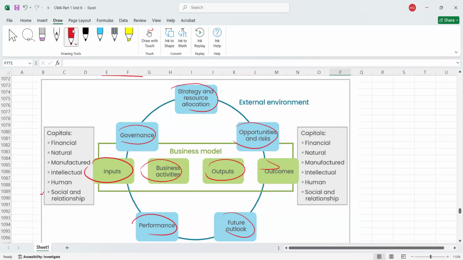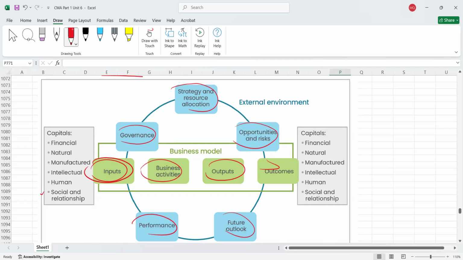Now the green boxes, that's the business model, right? This is the central engine that explains how the organization creates value using the 6 capitals. Definitely we have some inputs. If you're doing any business or manufacturing business, we always have some inputs.